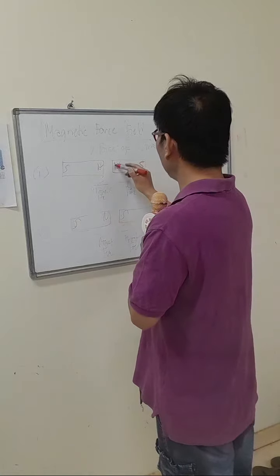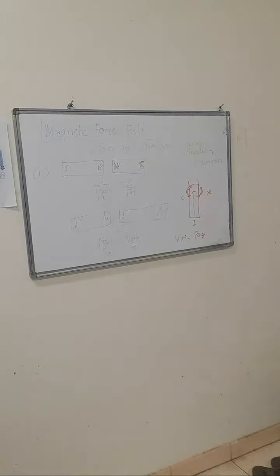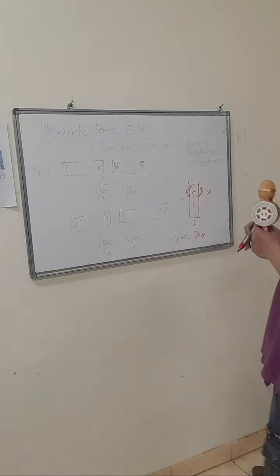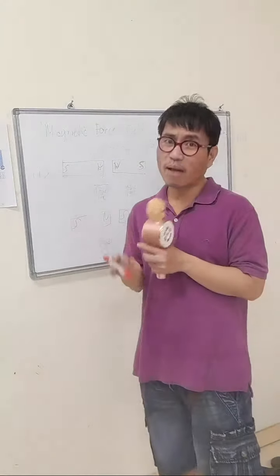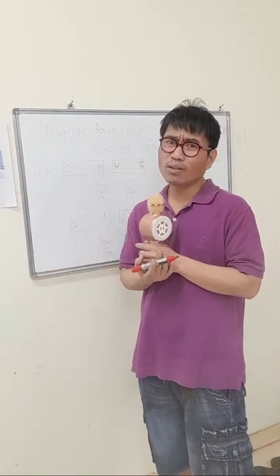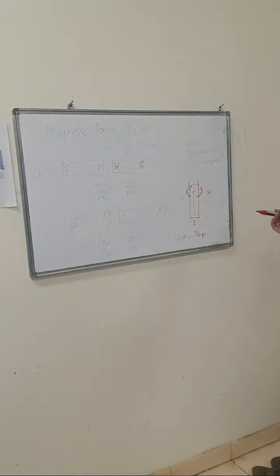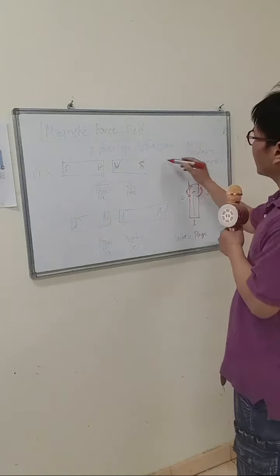Now, I will ask you what is responsible for creating a magnetic field, so that there will be a magnet. Why has it been created? What caused them to have a magnet? Again, it is caused by the movement of electrons.